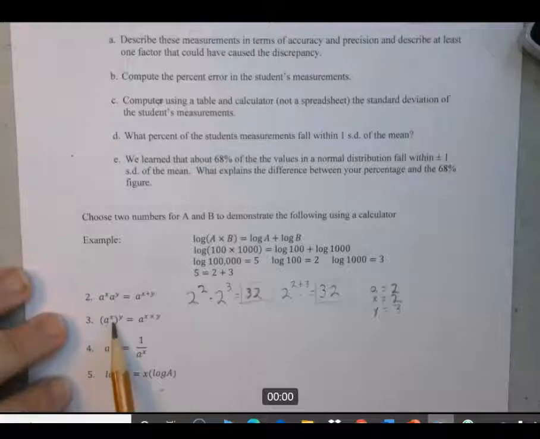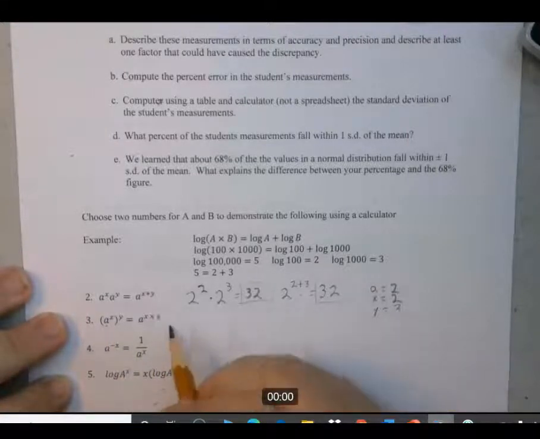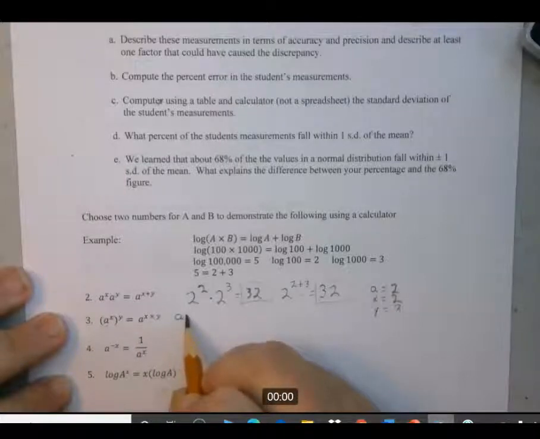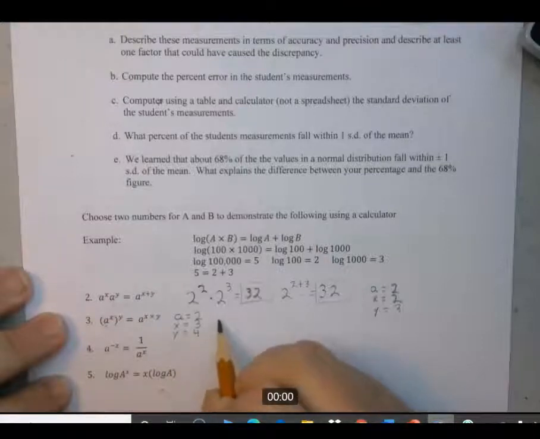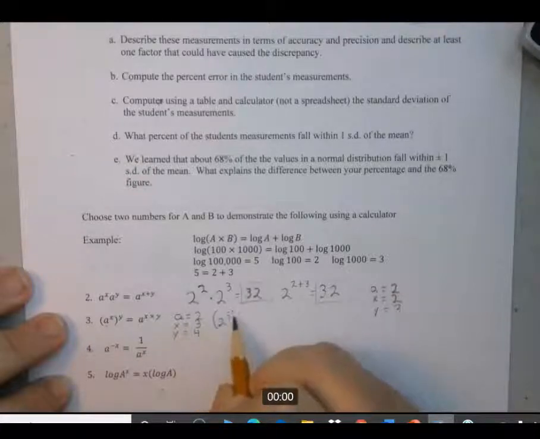Okay, so how about a to the xy? Does that equal a to the x times y? So I'll write my assignments here. A equals 2. X equals, I'll make it something different, 3. And y equals 4. So does 2 to the 3 times 4, well, let's see what that equals.